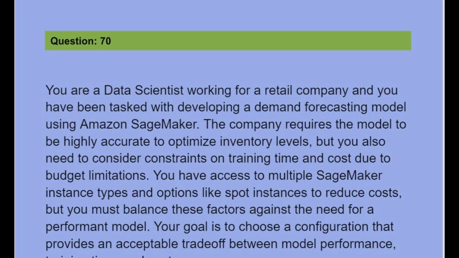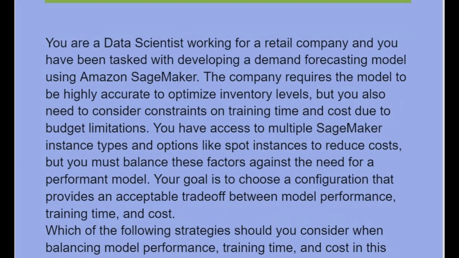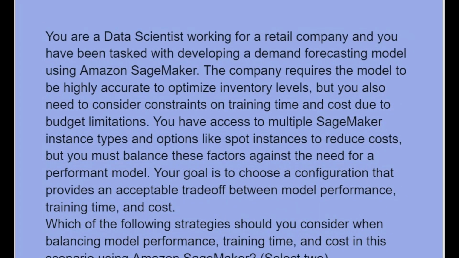You have access to multiple SageMaker instance types and options like spot instances to reduce cost, but you must balance these factors against the need for a performant model. Your goal is to choose a configuration that provides an acceptable trade-off between model performance, training time, and cost.